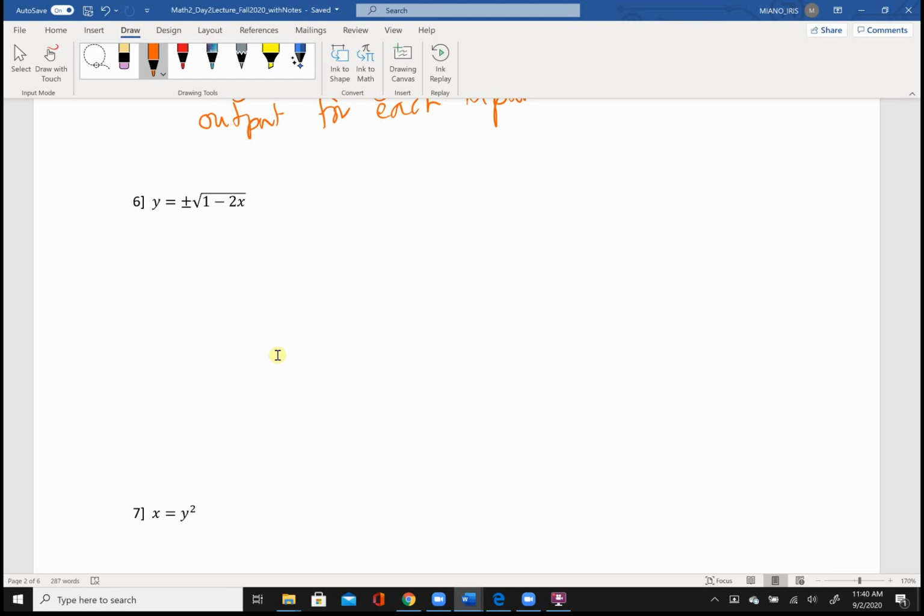Pretty much no matter what value you put in, you're going to get 2 outputs, right? Except the only time that wouldn't be the case is when you have x equaling 1/2. That'll make the radical a 0, and there's no such thing as plus or minus 0. 0 has no sign, so I will say this is the only input that has a single output.